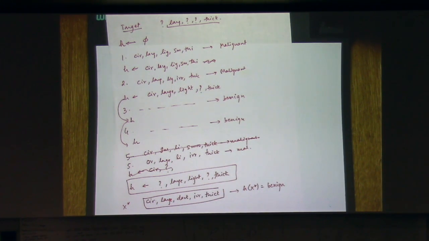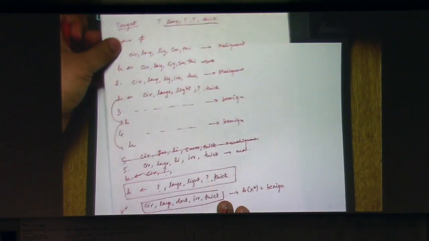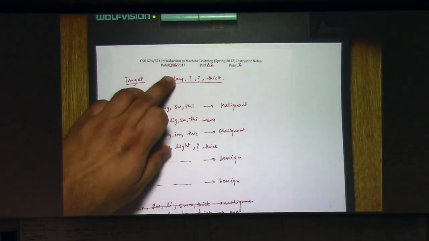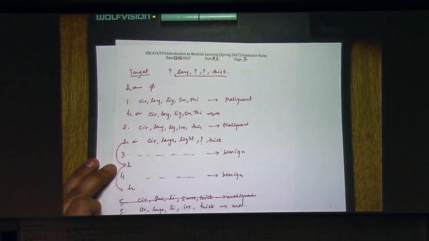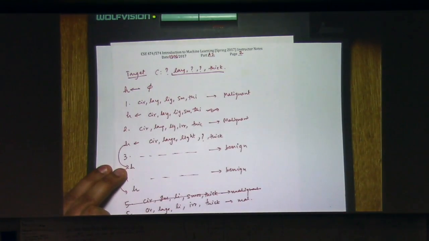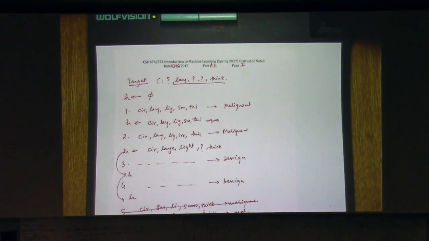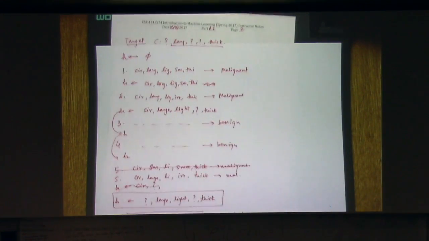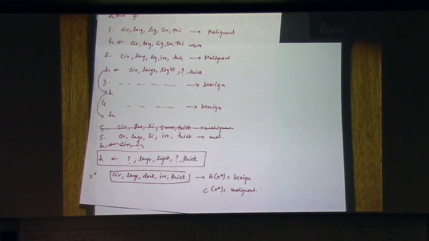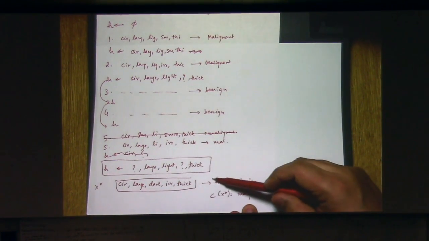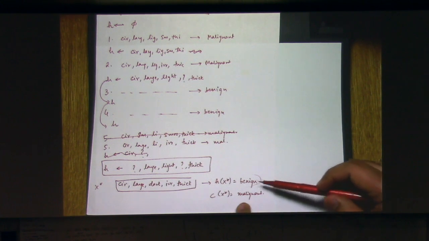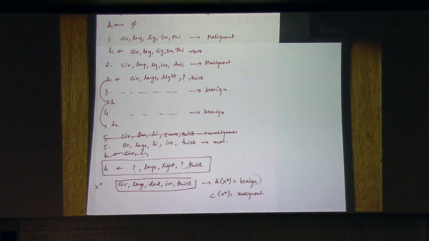Because it's a conjunction. However, if you remember our target concept C over here, this will call this object malignant, right? So C of X star actually will be malignant, because the things that it's really interested in are correct. So this is where your algorithm will make a mistake, because your output is going to call a data object benign, whereas this one is going to call it malignant.